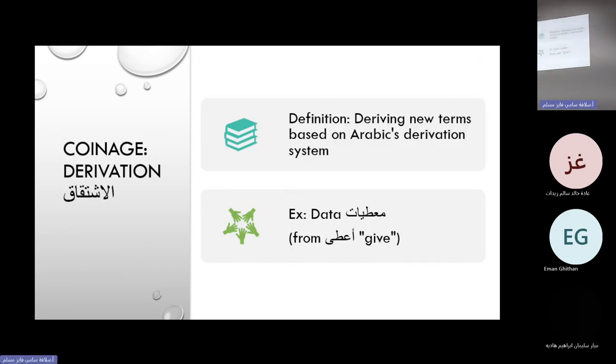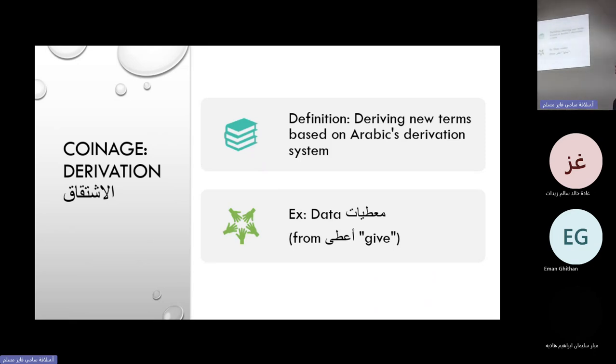Derivation, or الاشتقاق, is to derive new terms based on the Arabic derivation system, اللي هو قواعد الاشتقاق في اللغة العربية. Alright? Example, data, معطيات, it comes from the word أعطى, to give. أعطى, يعطي, معطى, إعطاء, كل هدول are derivations from the root أعطى.